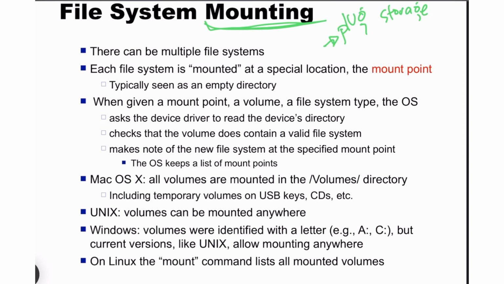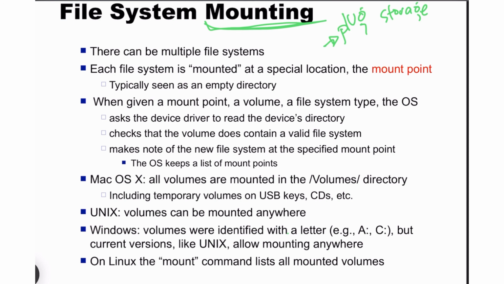When given a mount point and a volume file system type, the OS asks the device driver to read the device directory, checks the volume, and if it does contain a valid file system, mounts the new file system at the specified mount point.